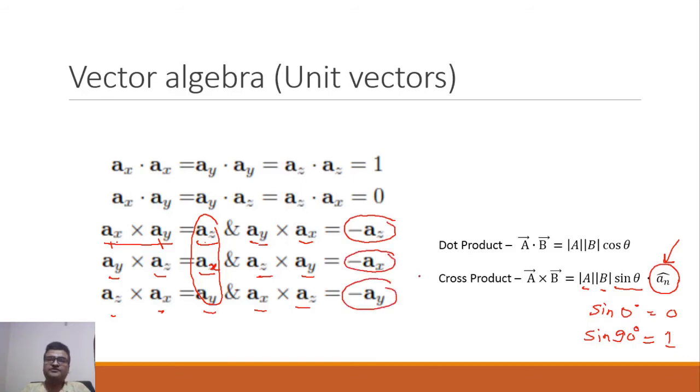So az is not going upwards now; az is now going downwards. ax, which usually points outwards from the screen, is now going inside the screen.